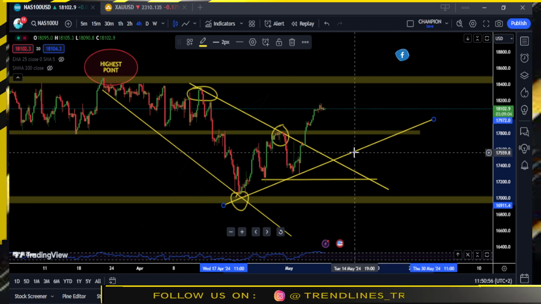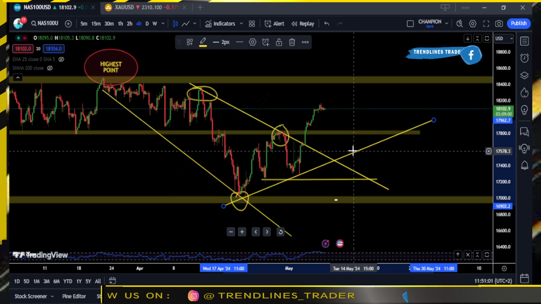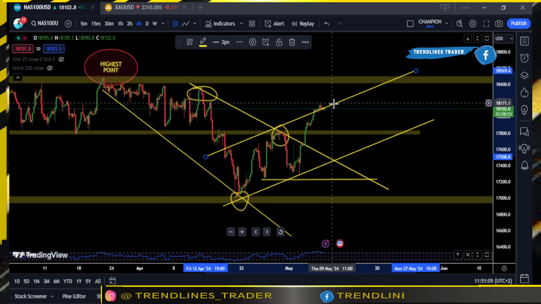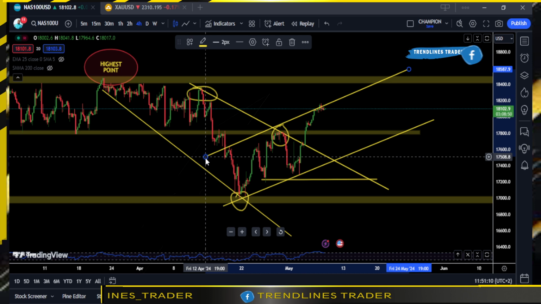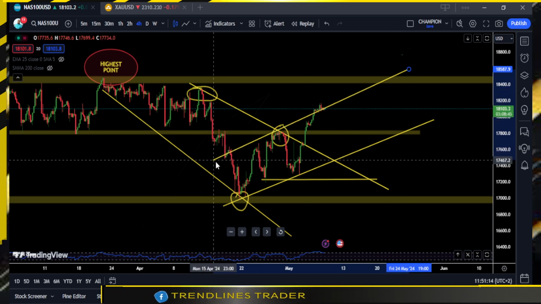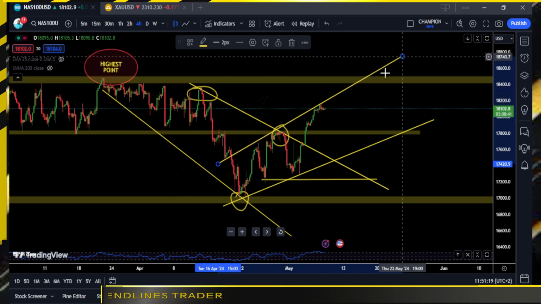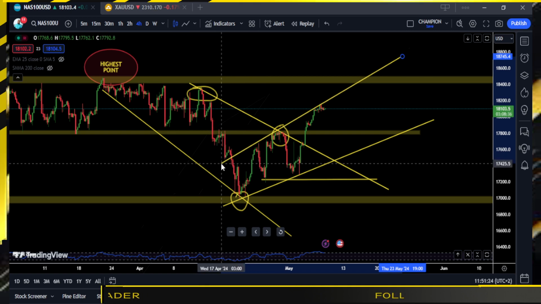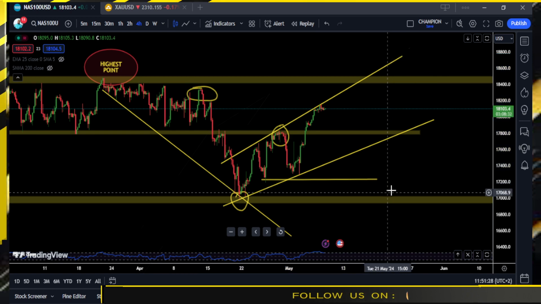If I duplicate it, there we go. We have a channel here, so we can expect the price to push towards the downside. This is what I'm witnessing. I hope we can see on our NASDAQ 100. This one was broken, you can delete it.